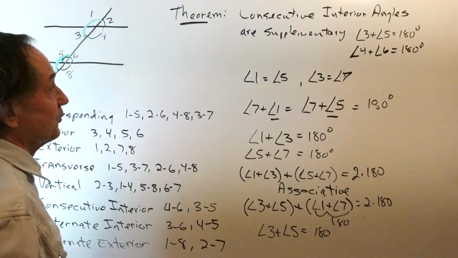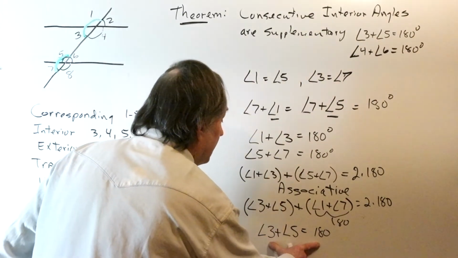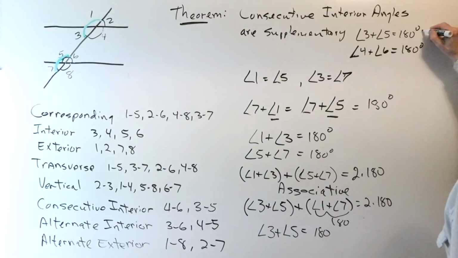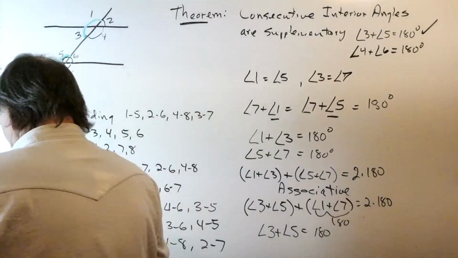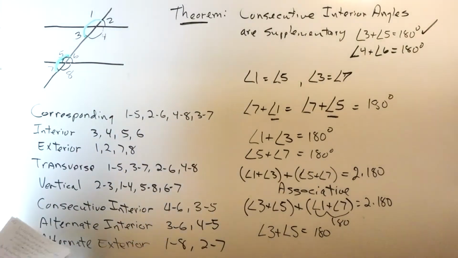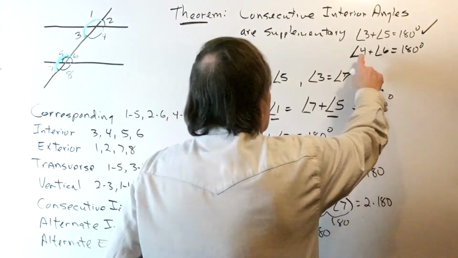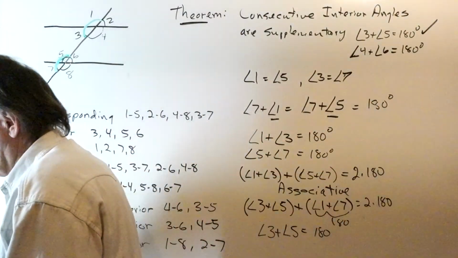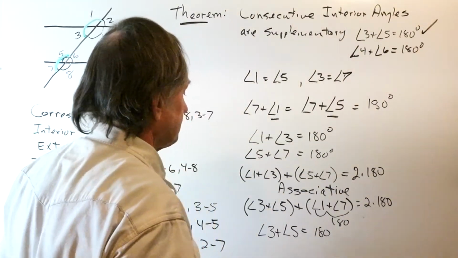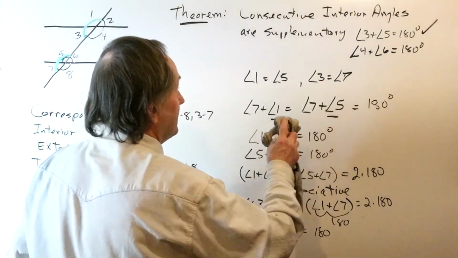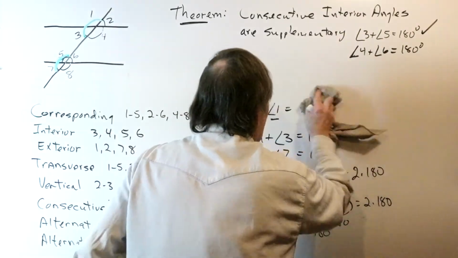So we've just proven that angle 3 and angle 5 are supplementary angles. That's the definition of supplementary angles. Now, in like manner, we can prove that 4 and 6 are also supplementary angles. And I'll do that by using what we just already proved.